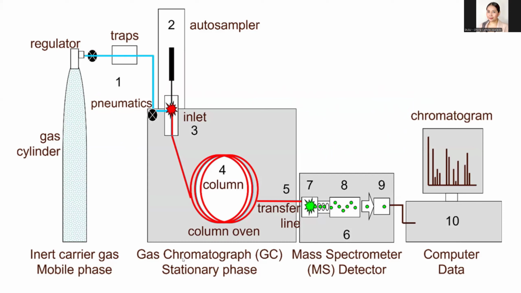In the gas chromatography phase, or the stationary phase, a sample is first vaporized and then injected into a long, narrow tube known as a GC column, and an inert gas. So this is a carrier gas. It's usually helium or nitrogen.